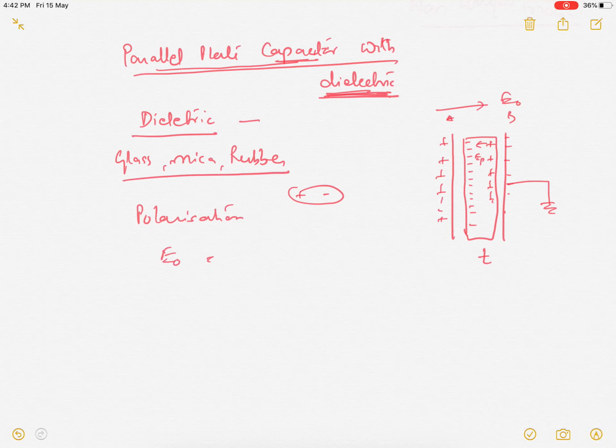Let E0 represent the electric field without dielectric. Wherever you see this 0 subscript, that means we are not using a dielectric. So what is the value of C0?